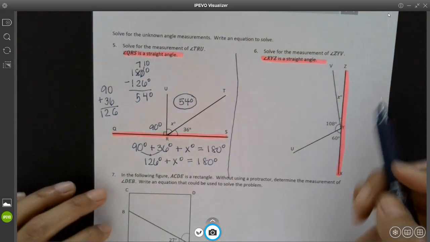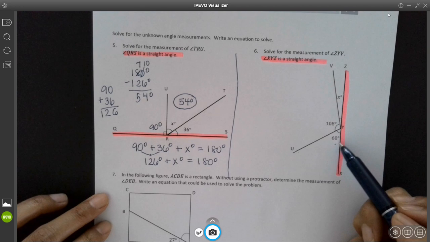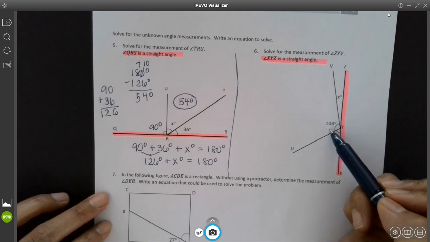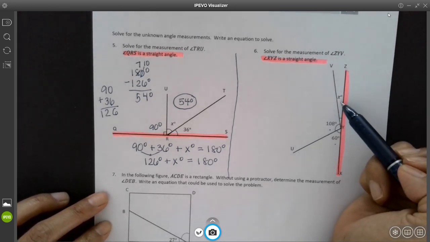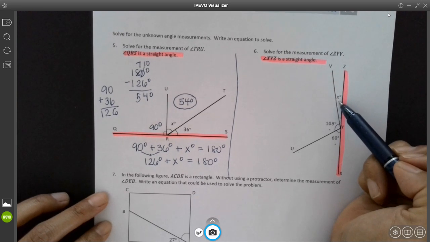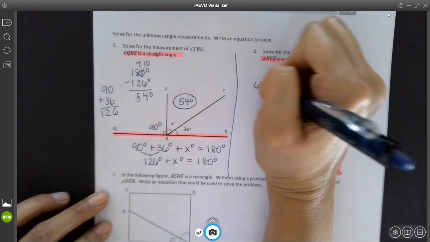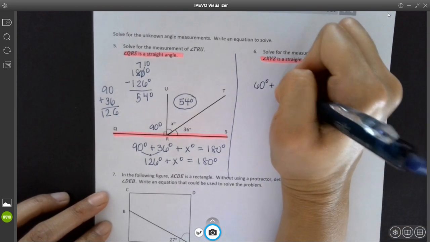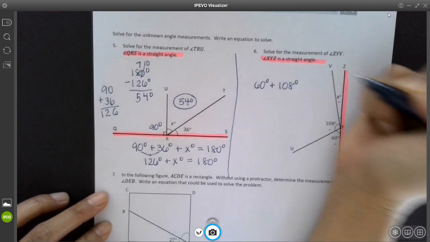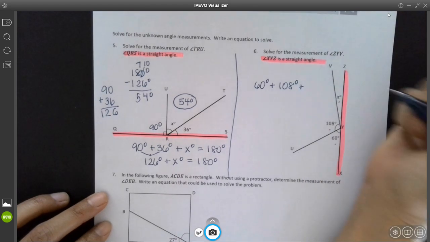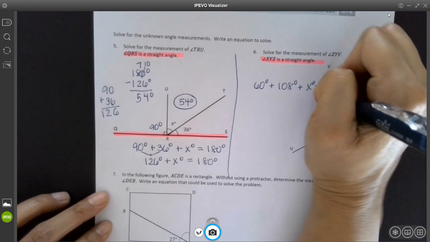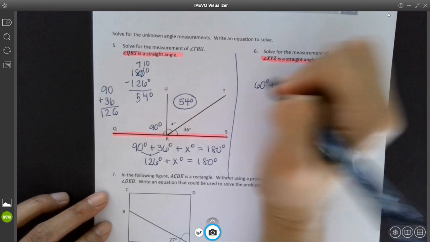I can see that this angle is 60 degrees. This angle is 108 degrees. And this angle is our missing measure. So my equation will be 60 degrees plus 108 degrees plus x degrees equals 180 degrees.